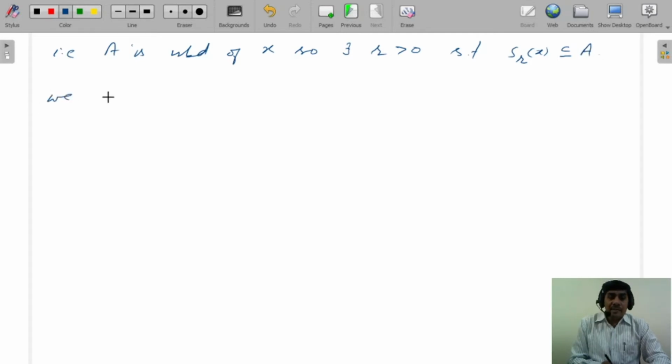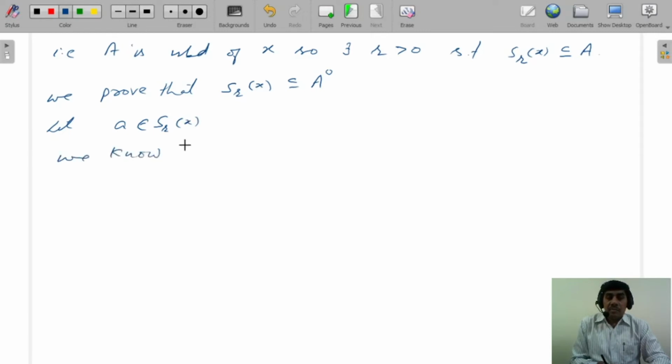We prove that S_r(x) is contained in A interior. Let a belong to S_r(x). We know that every open sphere is an open set.